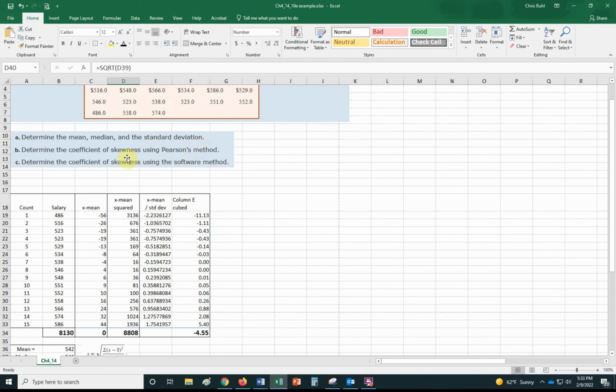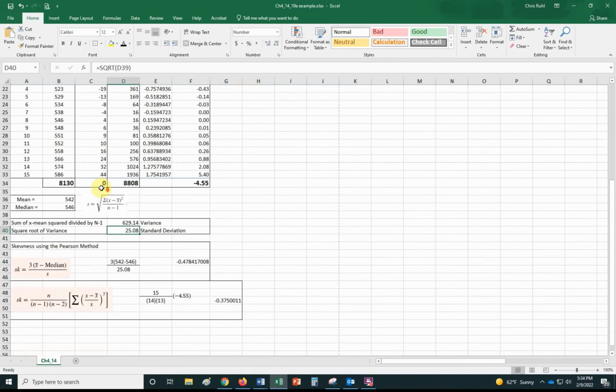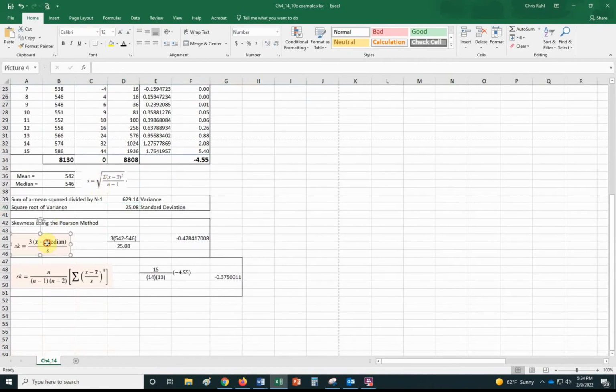So I got those. Now it wants the coefficient of skewness using Pearson's method. Well, what is Pearson's method? That's this formula right here. Skewness using Pearson method. This is the skewness, SK.